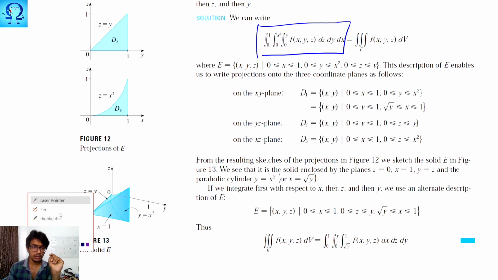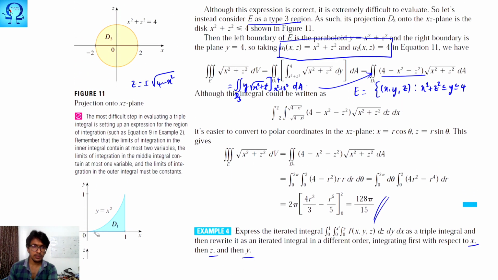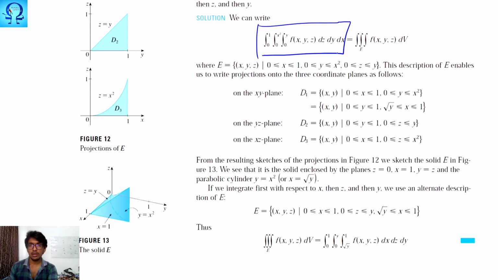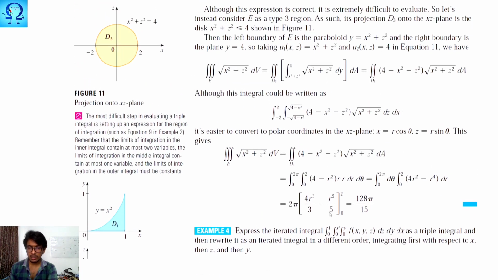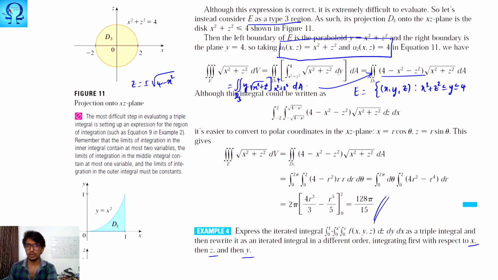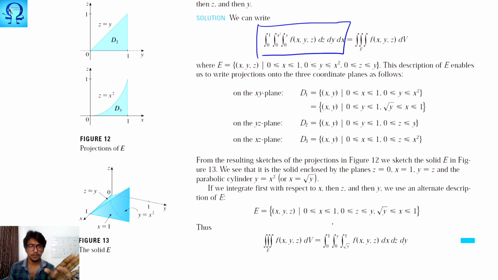Coming to y, it is varying as a function of x. So x varies from 0 to 1, and y varies from 0 to x squared, only the positive side. So it is very clear.